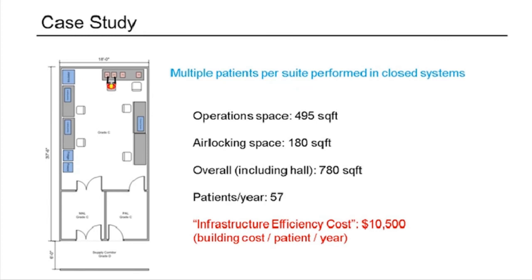You can't double up like you could with the biosafety cabinets. But there's certainly ways that you can potentially get around that to maximize the use of those systems and still maintain a closed environment, and so then you can pull your infrastructure efficiency costs even further down.